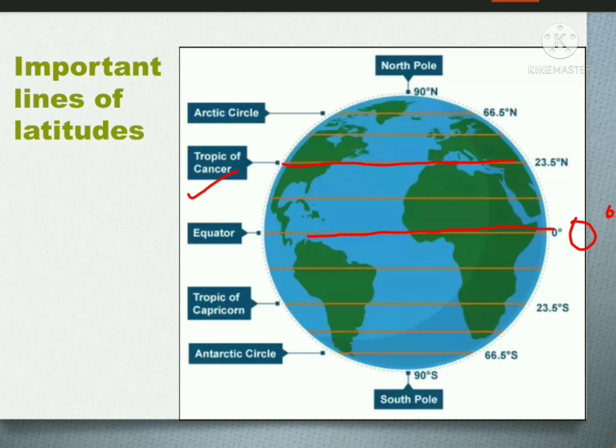Because this lies in the northern hemisphere, that is why we are using N with the degrees. Okay. Next we have Arctic Circle. It is at 66.5 degree north.